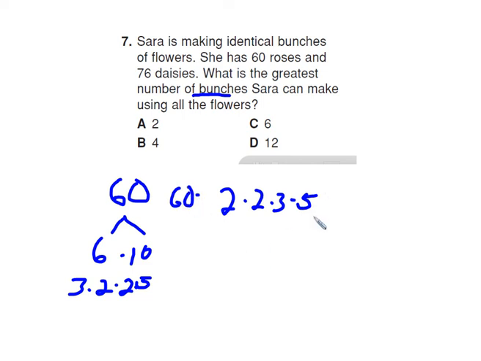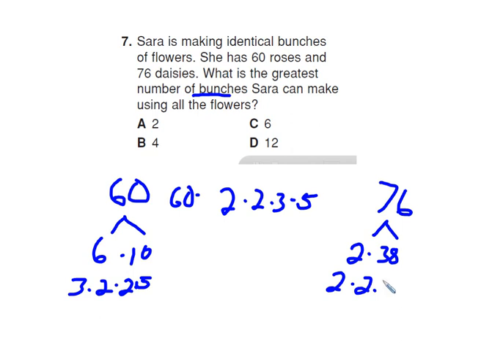So 76, I could say 2 times 38. I could break 38 up again by saying 2 times 2 times 17.